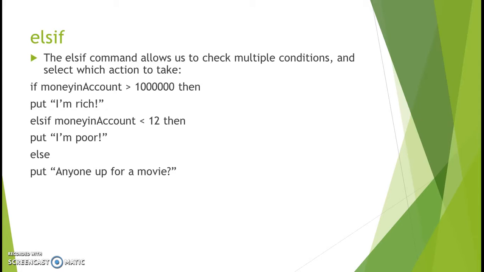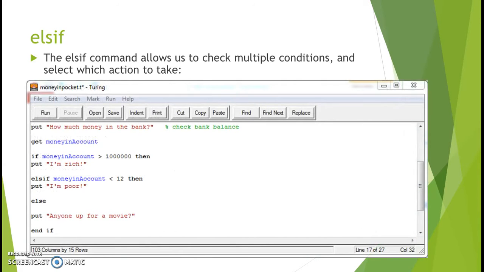Notice I don't have less than 12, don't have more than $1 million. Then I must have something between 12 and $1 million, because that's the only conditions left. And so I've got enough money for a movie. Hey, anybody up for a movie? And we can end our statement at that point.